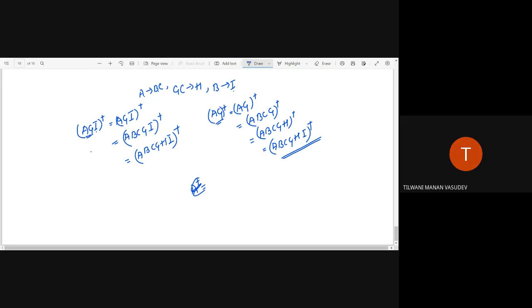And AG is also a primary key, because it is determining all the attributes of the relation. But primary key is also a part of super key. Yeah, that's right. So, what is a primary key? Can you please explain?